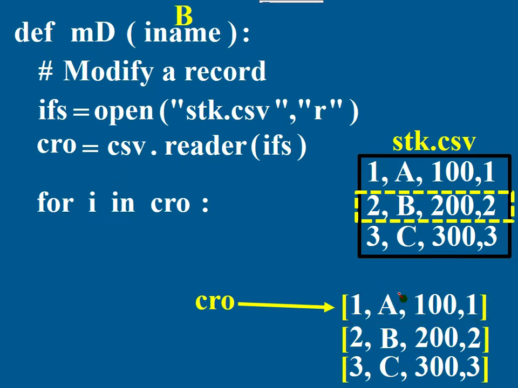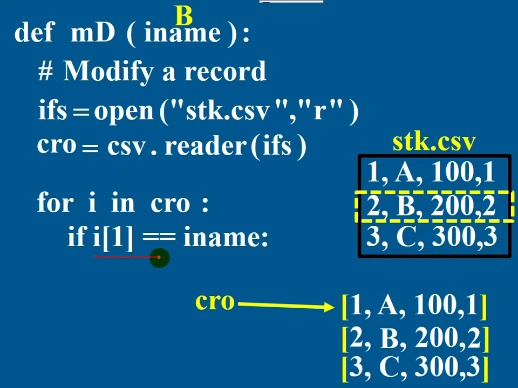Okay. Now if the item name present in i is equal to iname, meaning this is the row to be modified. So how do you get the item name present in i? See, this is a list. For the first element the index is 0, for the second element the index is 1, and so on. So if you want to get the item name present in i, it must be written as i[1].